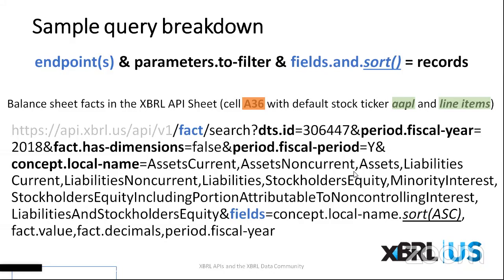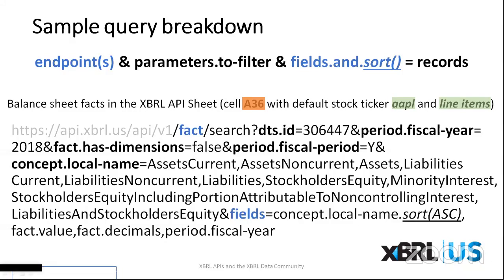I want to have what's essentially the aggregate of those dimensions. For a fiscal period of a year, Y, right? And then the concept local name, those are all the concepts that were in the green on the left-hand side of the template. As a result, I show the fields of the concept local name sorted in ascending order alphabetically. Then I provide the fact value, the fact decimals, and the period fiscal year.